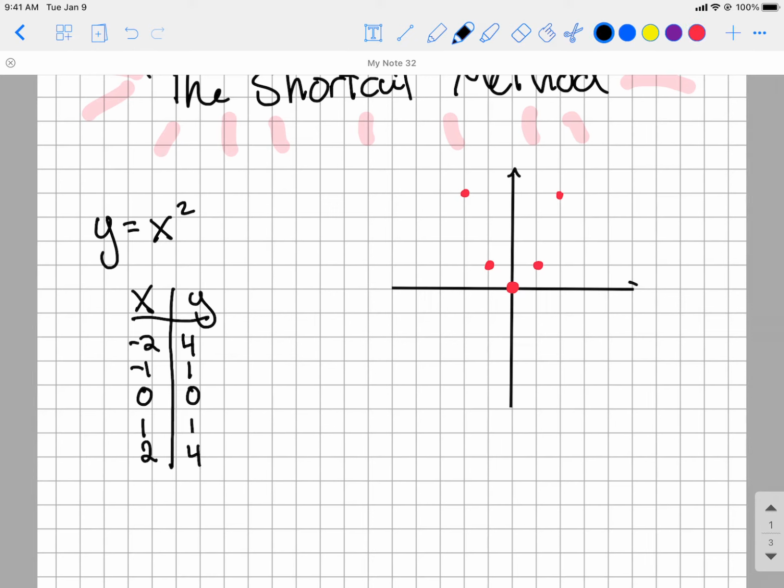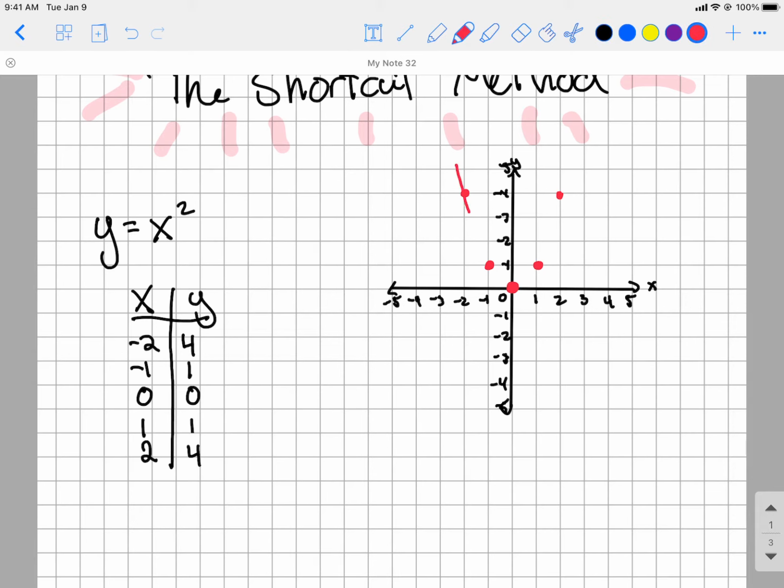And let's just put a little bit more detail on our graph here. And so every time we draw a graph using the shortcut method, it's always going to go back to this graph of y equals x squared.